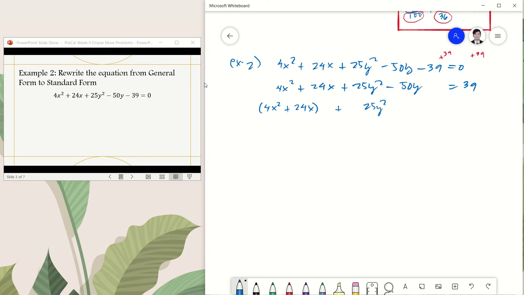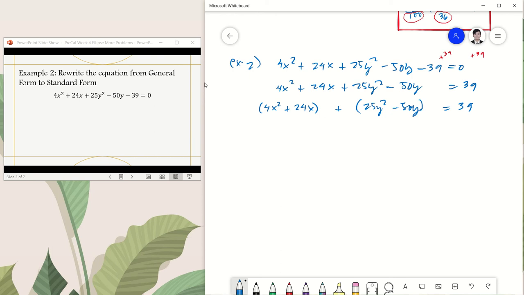And then, afterwards, you will notice that you can factor out each term here using the technique in grade 8, which is GCF, yung greatest common factor natin. So, yung greatest common factor ng two terms is actually 4x, but since we will do completing the square after this.